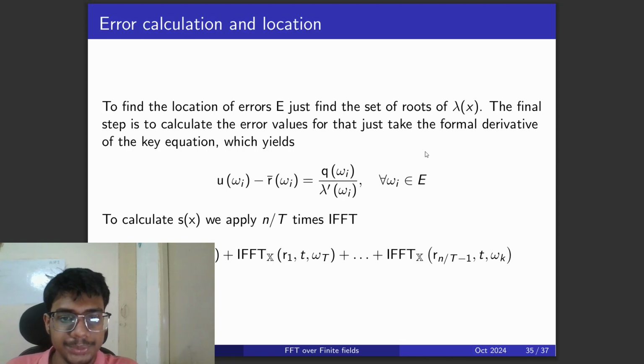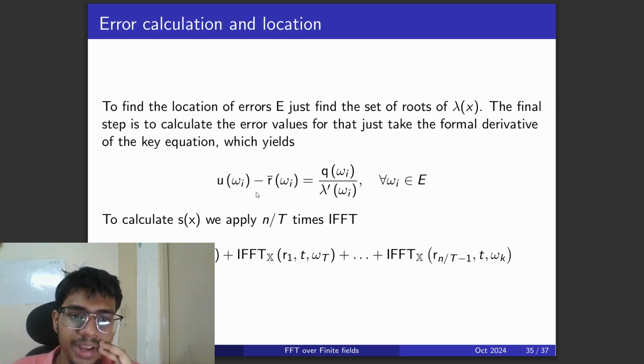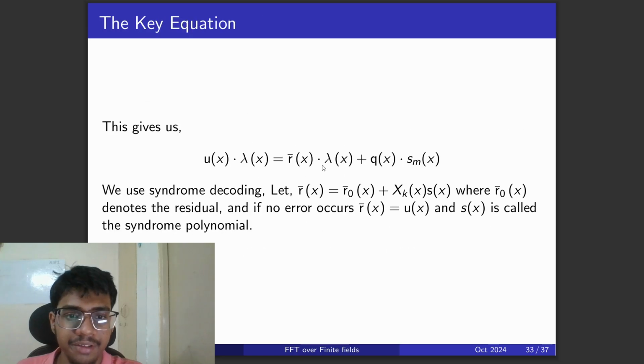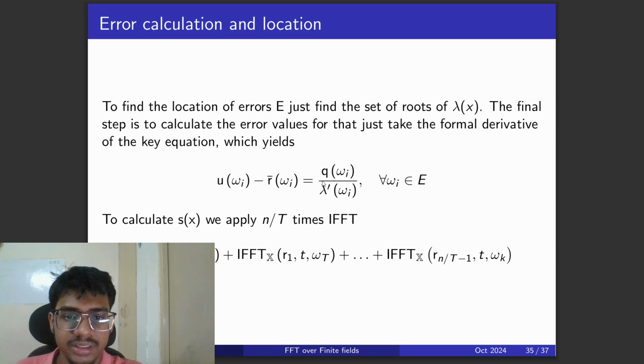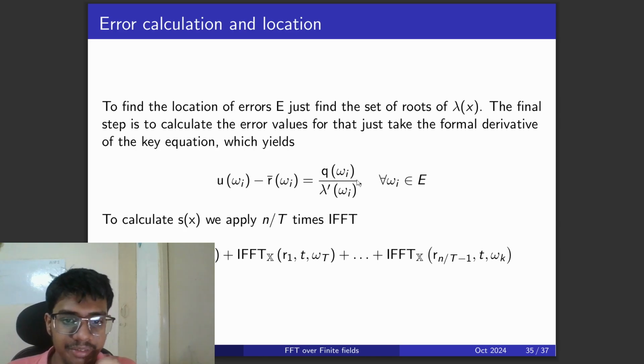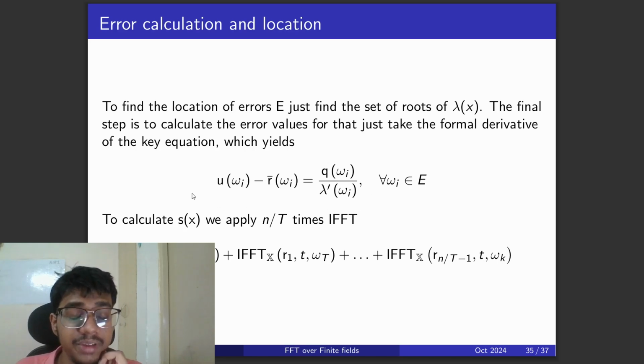And also, the final step is to calculate the error value, which is nothing but u of omega I minus r bar of omega I, which, if we take a formal derivative of this equation, then we will get this, which is q of omega I divided by lambda of omega I. By this we can also find the error value.